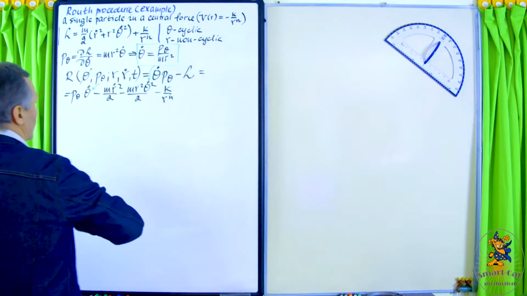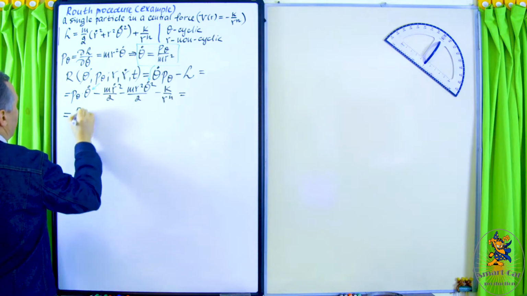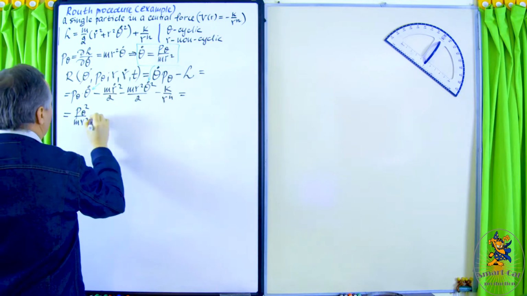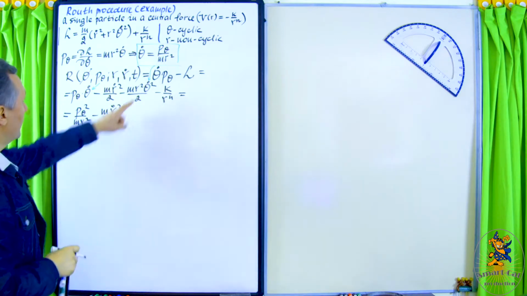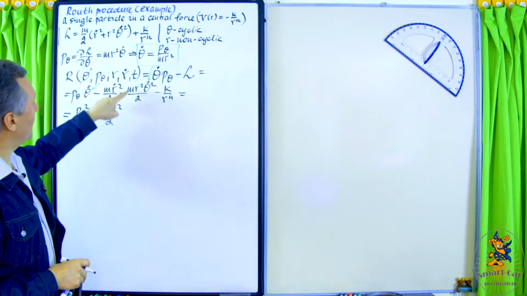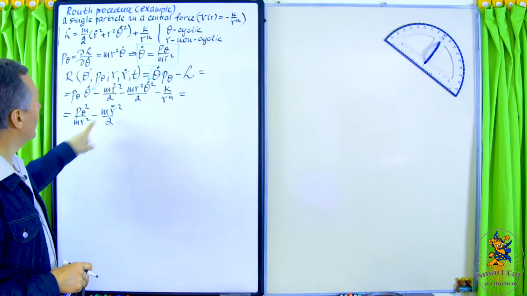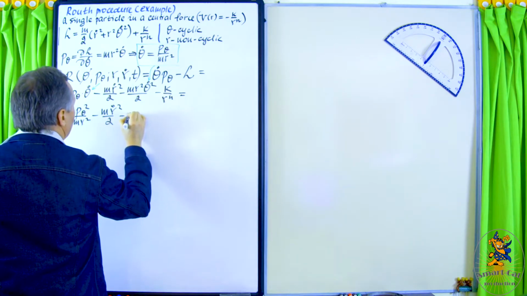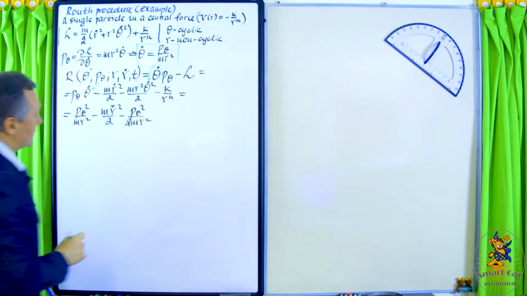Now we get p theta squared over m r squared, this term. Nothing happens with that one. Over here, first we have to square it, so we get p theta squared over m squared r to the power of 4, and multiplied by m r squared, so downstairs we have the same denominator, but with a factor of 2 also, with a minus sign: p theta squared over 2 m r squared.